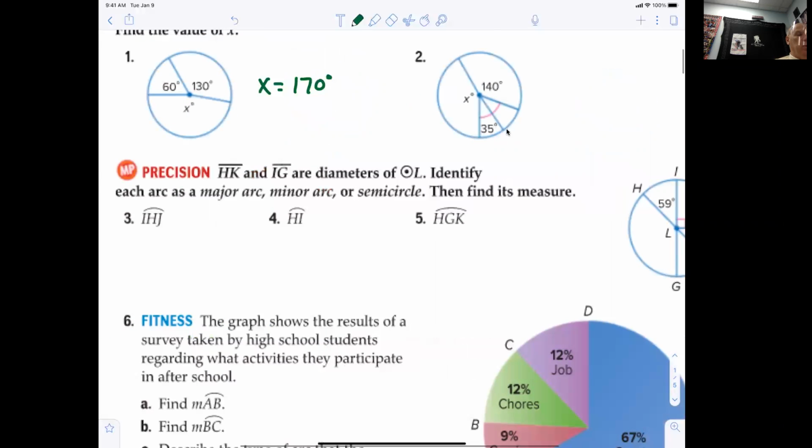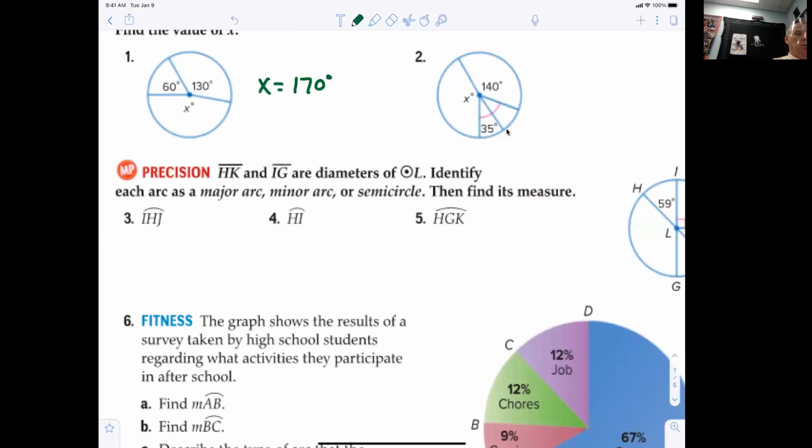Now, number 2. I'm sorry the answers are on there this time. Explain it to me, Sam.